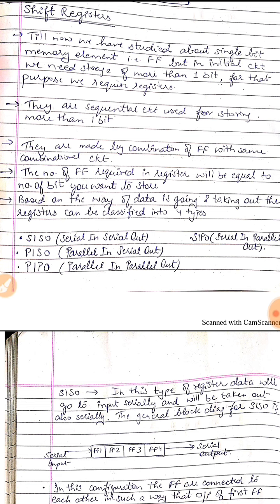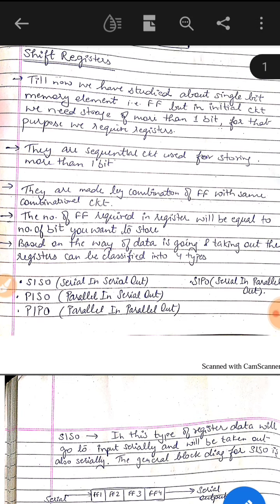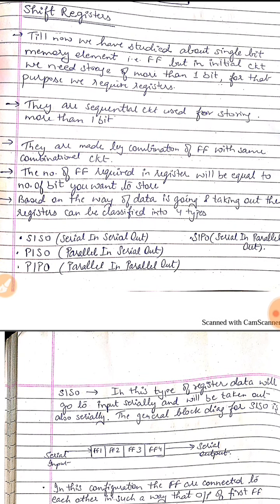So shift registers are basically a combination of some combinational circuit and a number of flip-flops which can be used to store more than one bit of information.